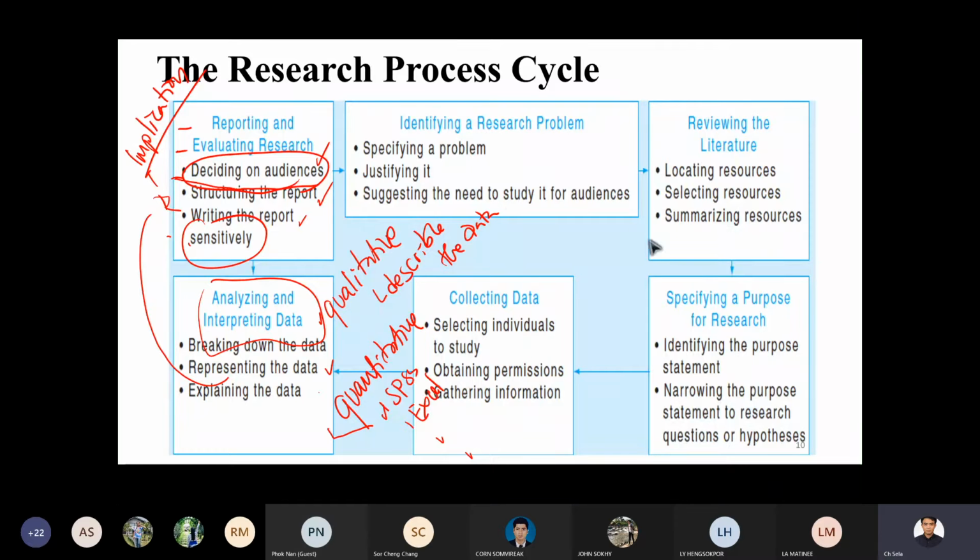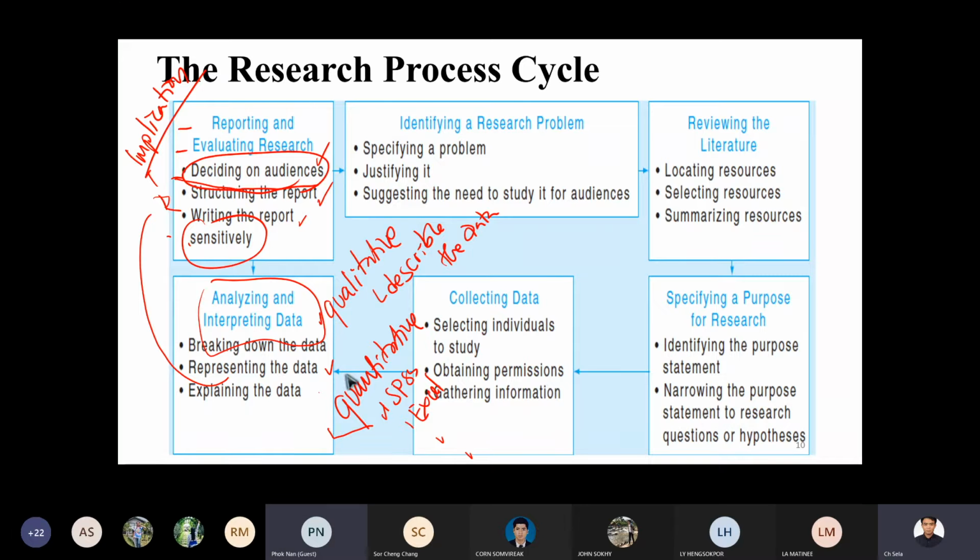When you arrive at analyzing and interpreting data, this is the place for analysis, not identification anymore. Is it okay, Pugnan? I still have not got your point.